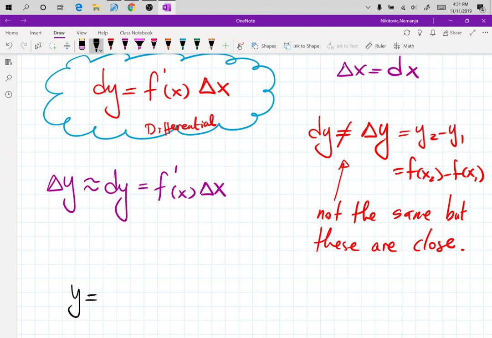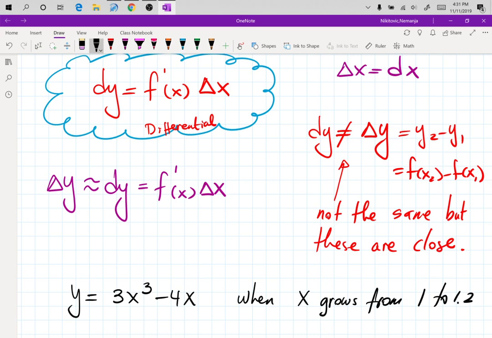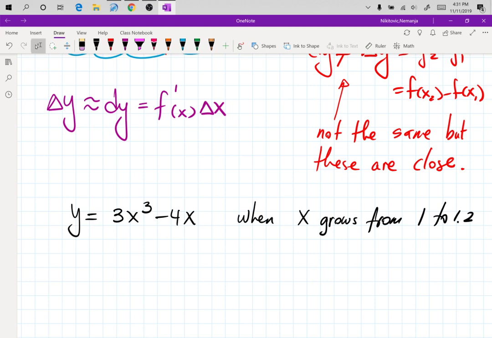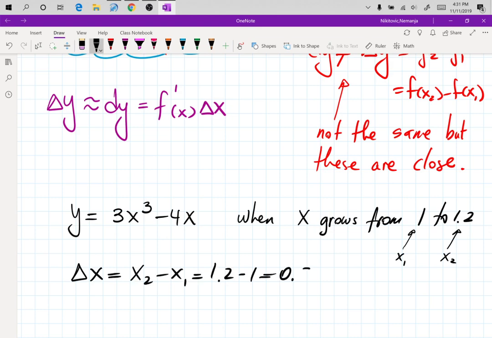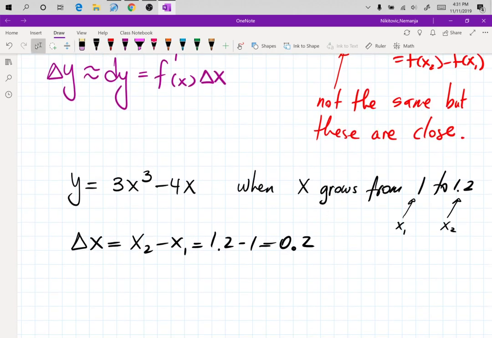So let's say y is equal to, or f of x is equal to, 3x cubed minus 4x when x grows from 1 to 1.2. Okay, immediately you are assigning x1 and x2 states, because your first thing you have to calculate is delta x, which is x2 minus x1, which is 1.2 minus 1, which is 0.2. That's your first calculation, and now you have that delta x is equal to 0.2.